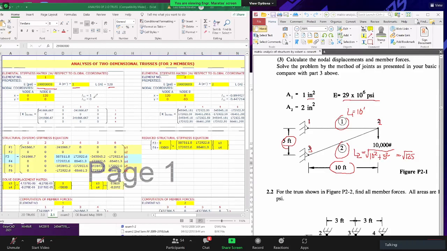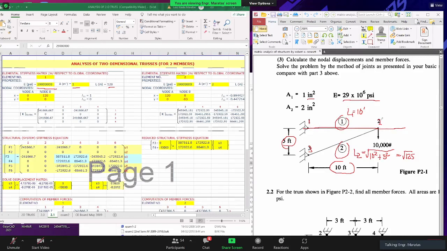After that, we solve for the direction cosines, the cosine and sine of theta. For member 1, the angle is simply equal to 0 degrees, from 1 to 2.